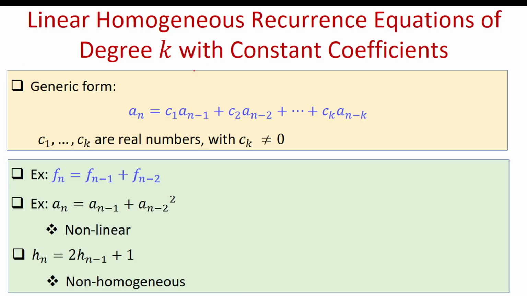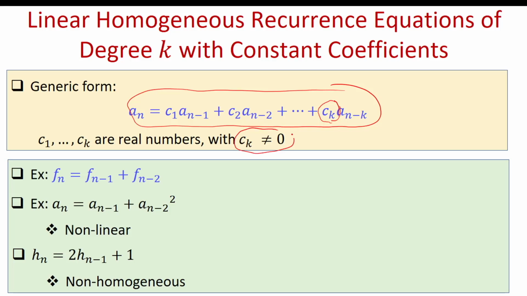So just to quickly recap what exactly are linear homogeneous recurrence equations of degree k. The general form is this. You have an infinite sequence where the nth term of the sequence depends upon the previous k terms, in the sense that the dependency of a of n on a of n minus k should always be there, which is imposed by this condition, namely c_k should not be 0.